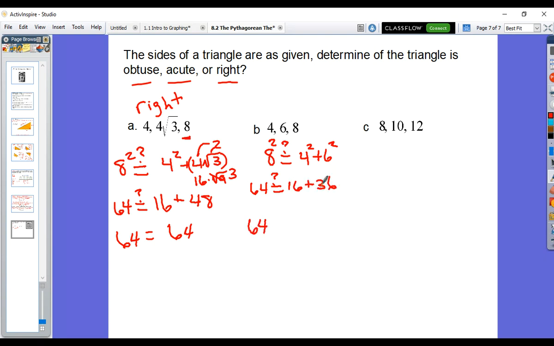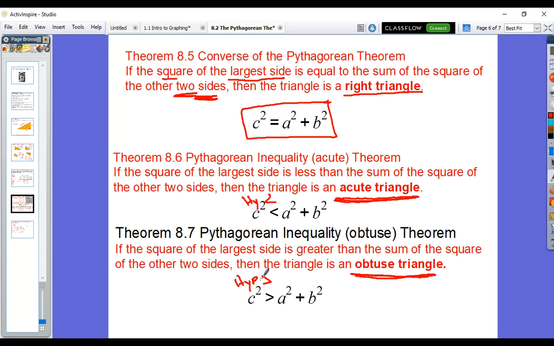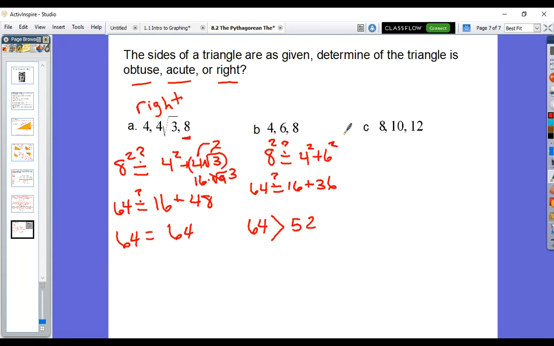But if we add these two up, we get 52. The value of our hypotenuse squared is greater than the sum of the other two. And like we said earlier, if your hypotenuse is greater than the other two, it's obtuse. So this is an obtuse triangle.